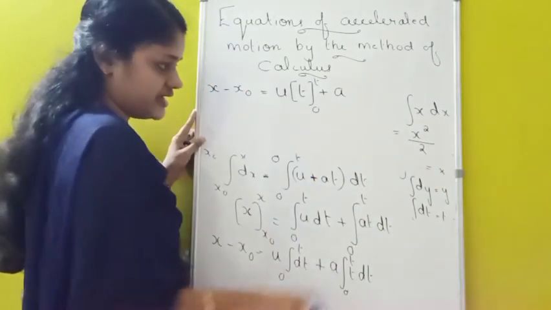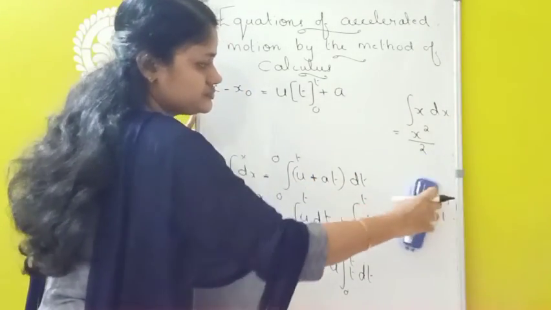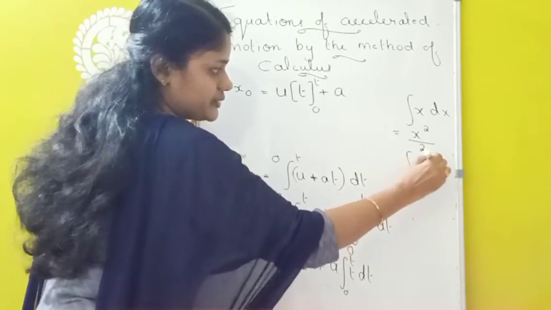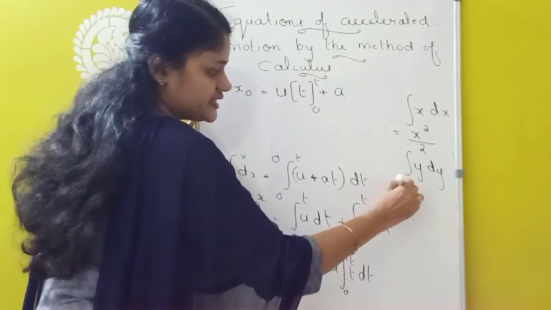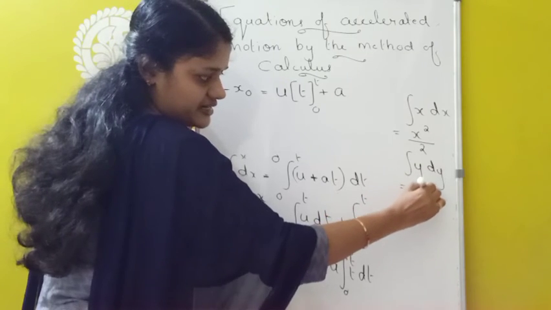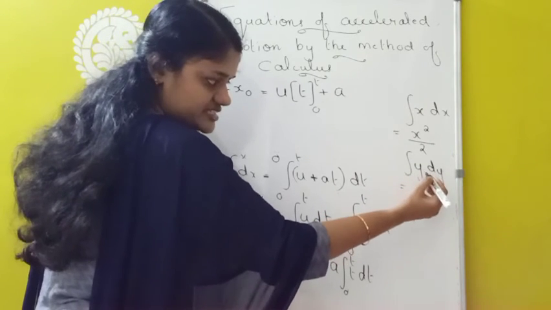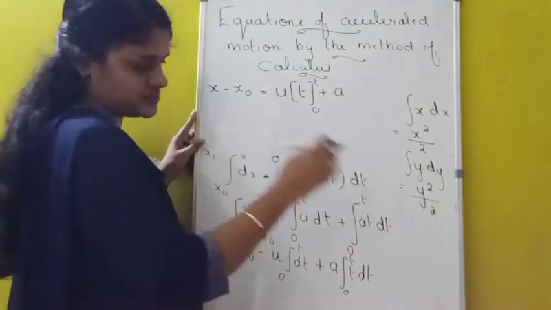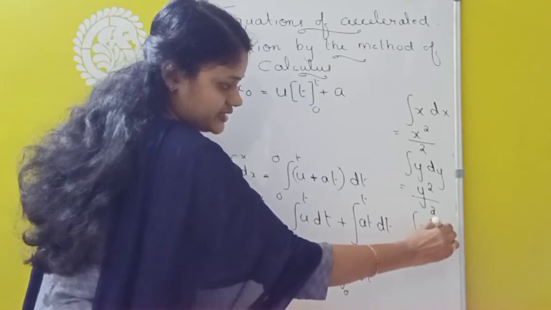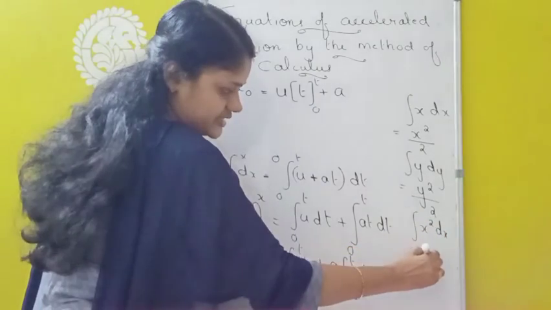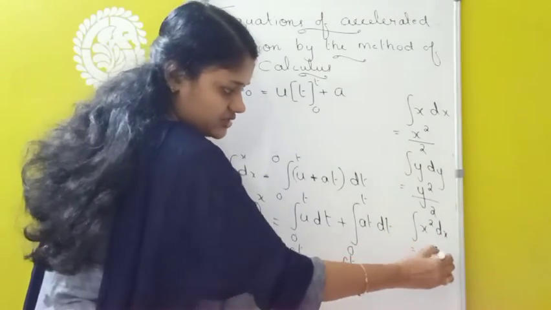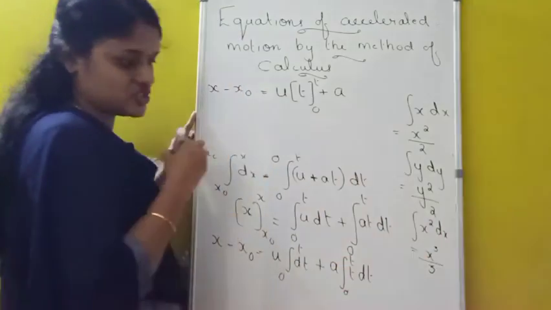Similarly, integral y dy equals y raised to 1 plus 1, which is 2, so y square divided by 2, the same power. Suppose we have integral x square dx. How will you integrate? x raised to the power 2 plus 1, which is 3, and the same power we write in the denominator. So x cube by 3.